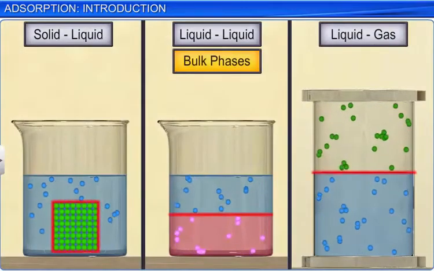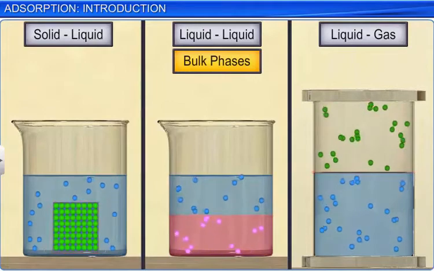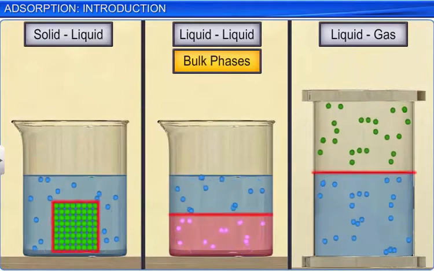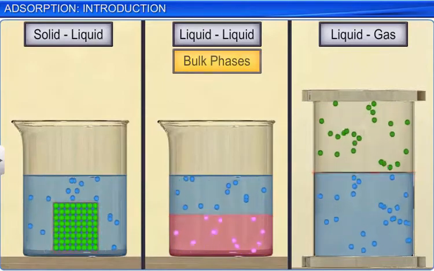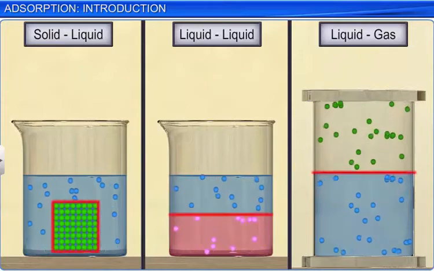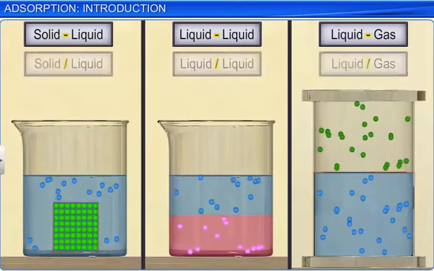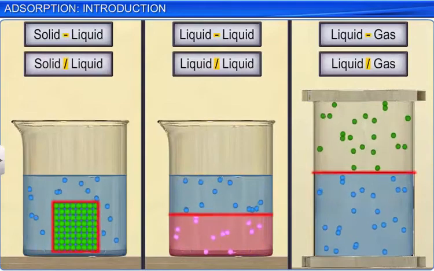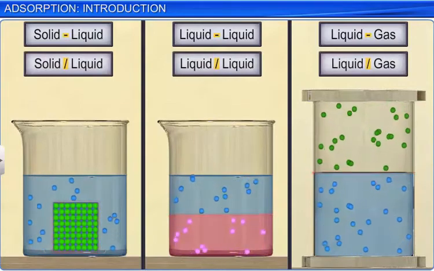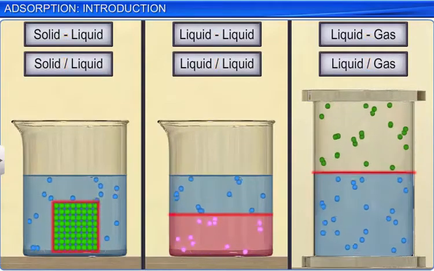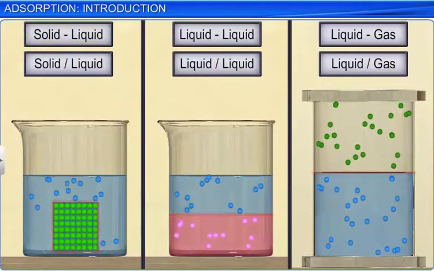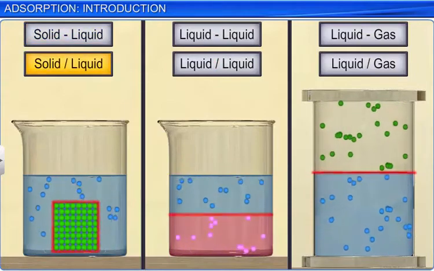The two bulk phases refer to the pure compounds or solutions involved in the reaction. The interface is represented by putting a hyphen or slash between the two bulk phases involved. For example, solid-liquid or solid/liquid.